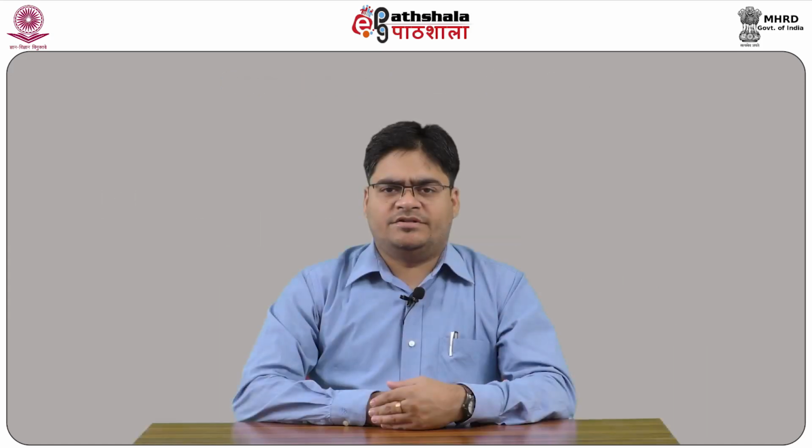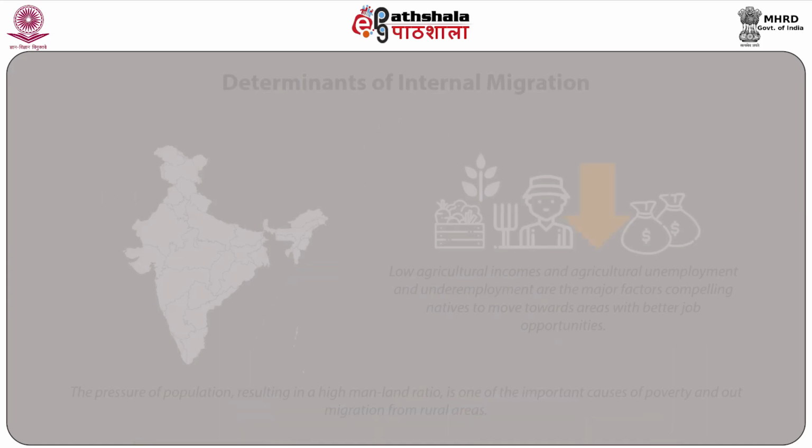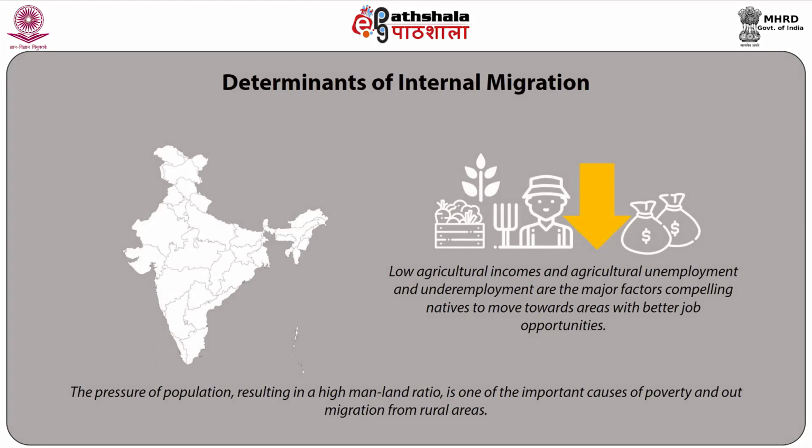In many developing countries like India, low agricultural incomes and agricultural unemployment and underemployment are the major factors compelling natives to move towards areas with better job opportunities. The pressure of population, resulting in a high man-land ratio, is one of the important causes of poverty and outmigration from rural areas.